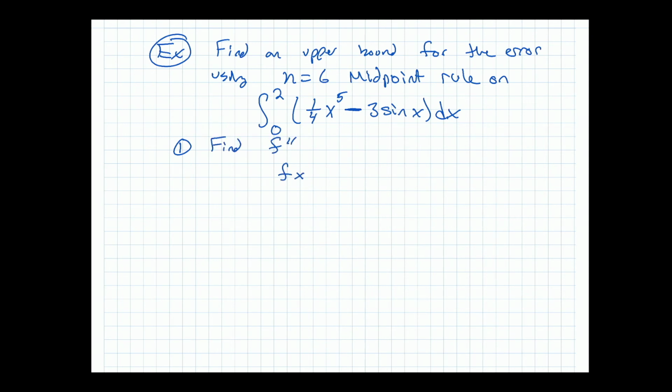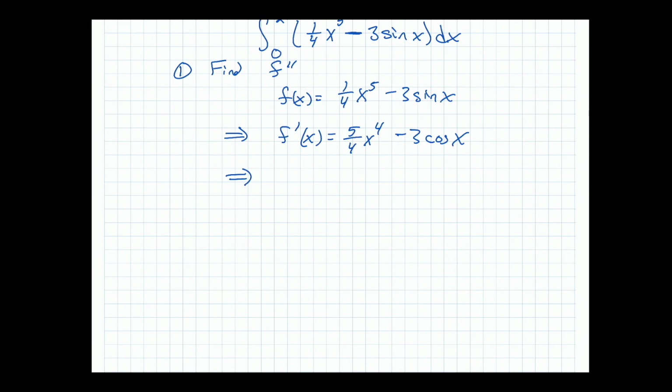So we have f of x is 1/4 x to the 5th minus 3 sine x. So we have to take two derivatives. So f prime, take a derivative. You bring the 5 down in front, so you get 5/4 x to the 4th minus 3 cosine x. Okay, we need a second derivative.